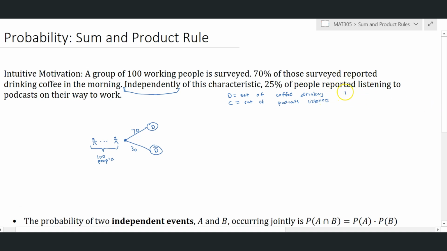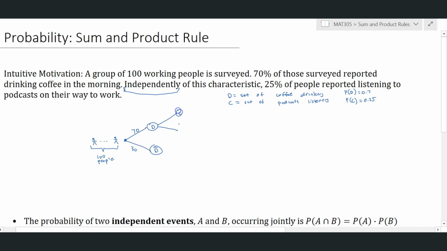And by the way, we can say that the probability that somebody drinks coffee is 0.7. We can say that the probability that somebody is a podcast listener is going to be 0.25.